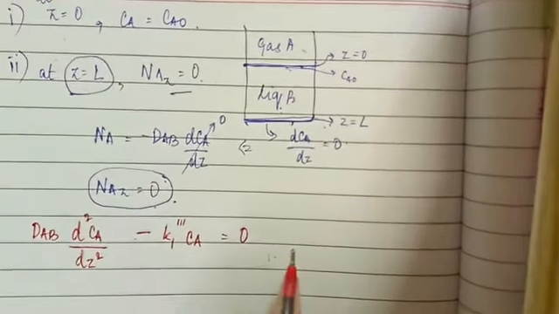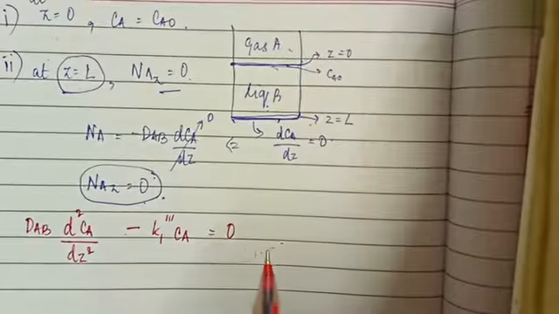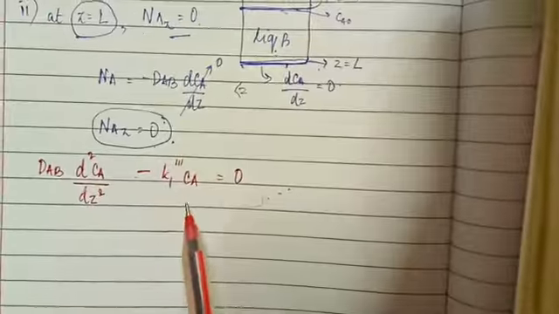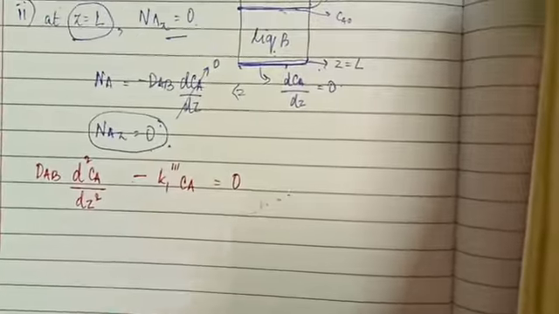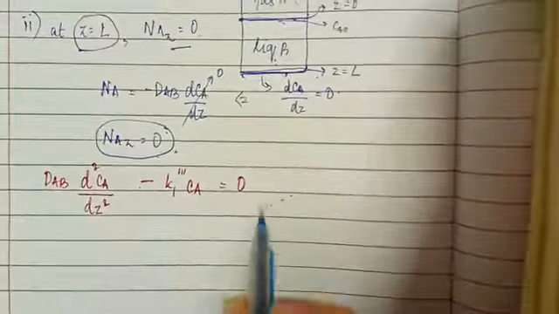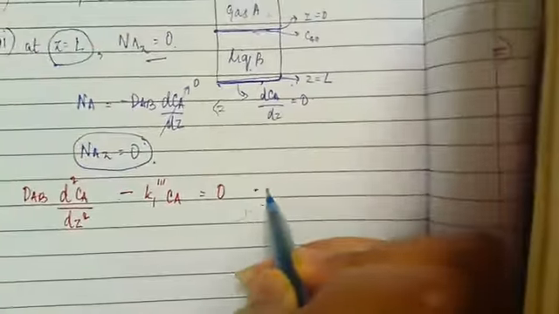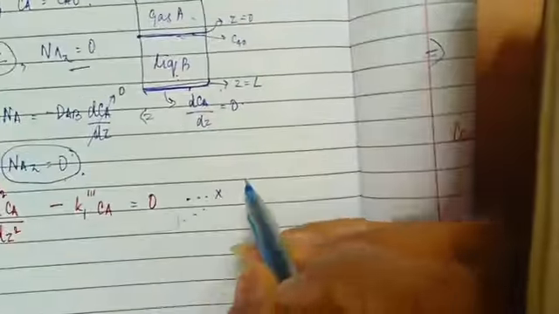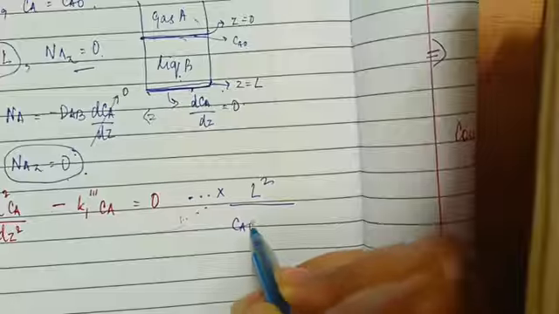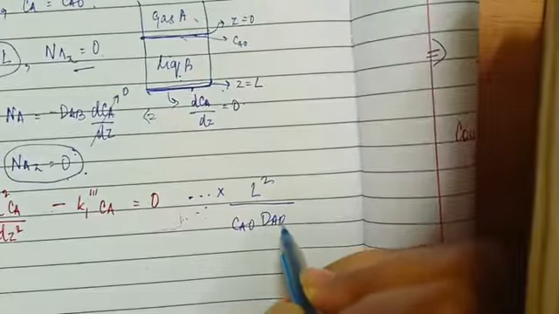So in order to simplify that and get to a simple equation that we can solve easily, we do one thing. We multiply the whole equation with a term of L square upon Ca naught into DAB.